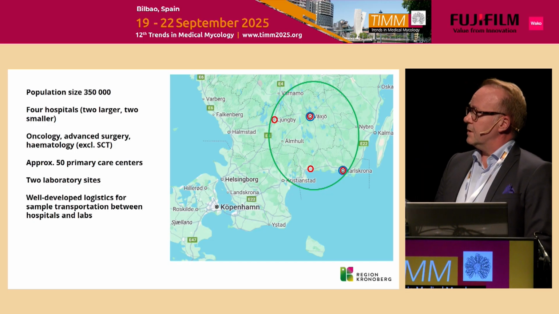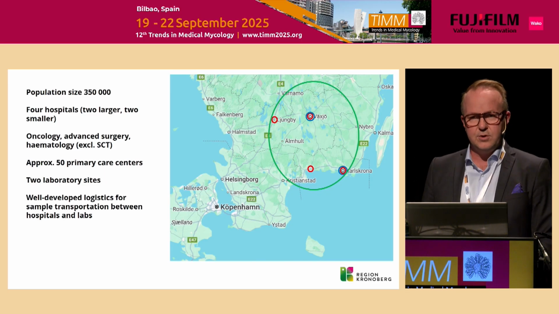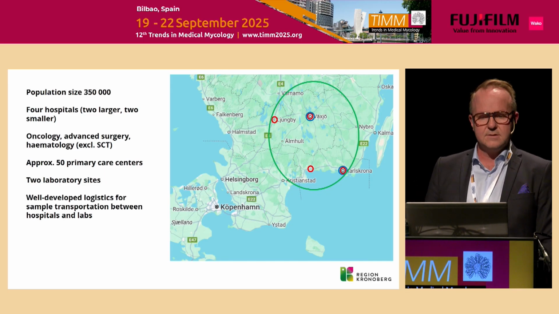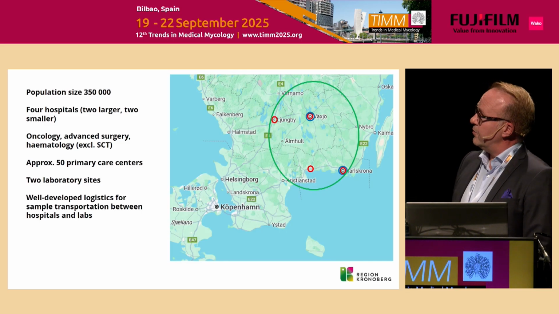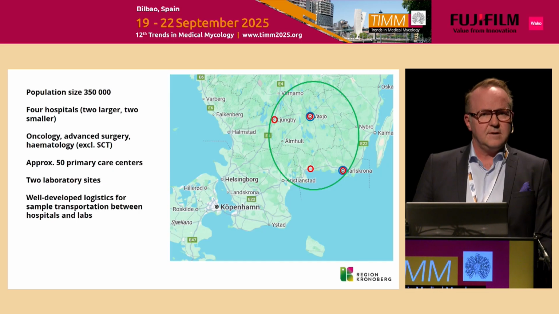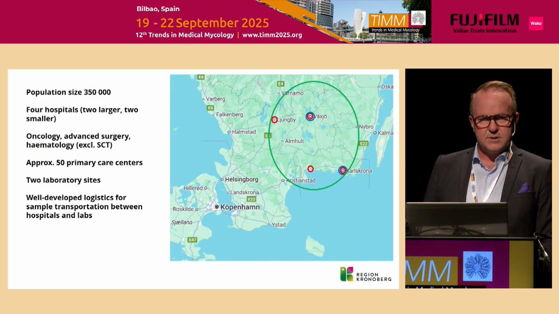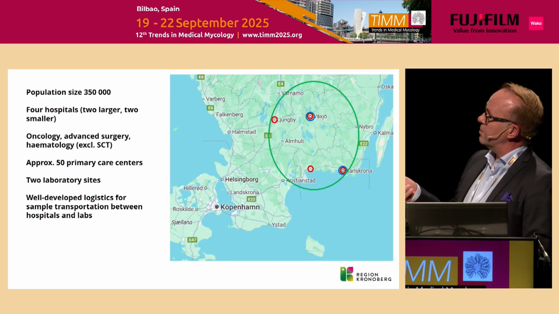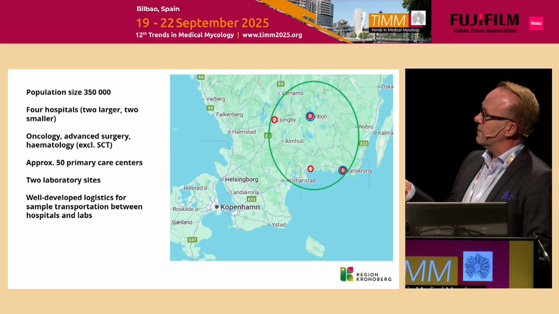The hospitals have a broad range of medical services: oncology, advanced surgery, hematology. However, we do not have allogeneic stem cell transplantation in our region. We also have approximately 50 primary care centers that we serve with diagnostics.